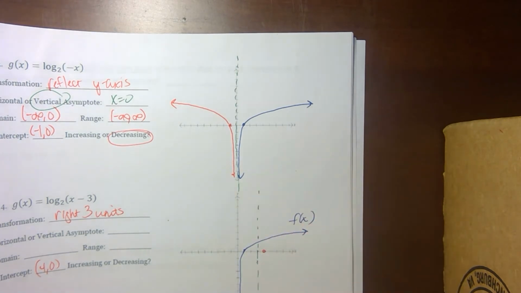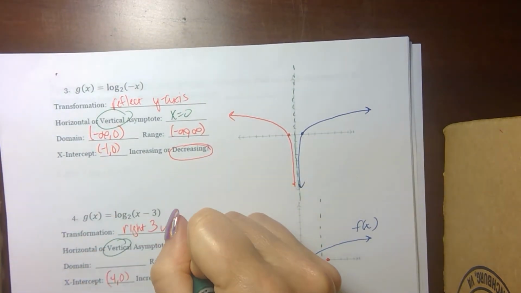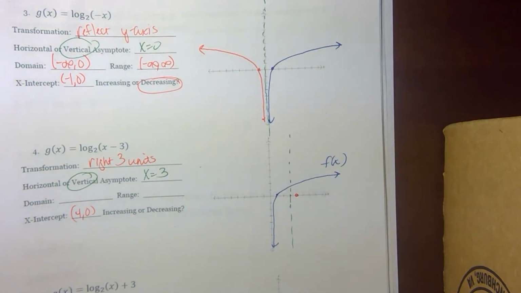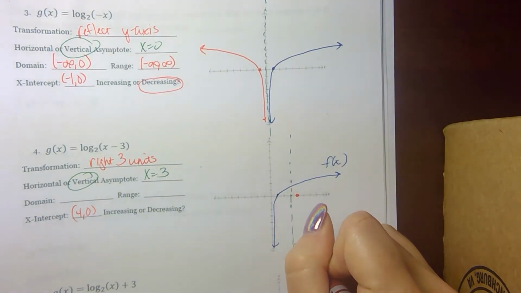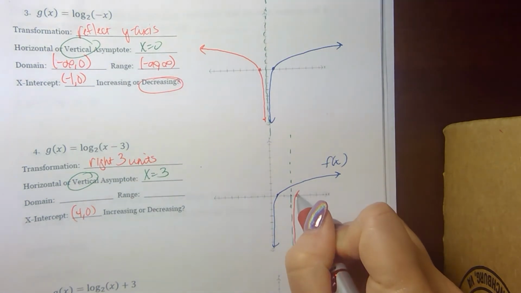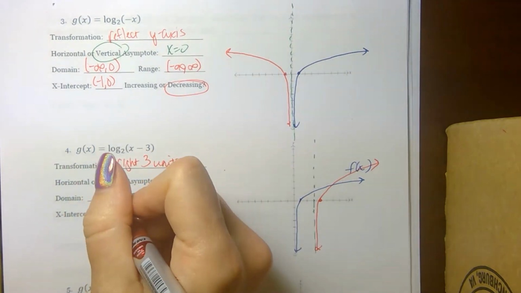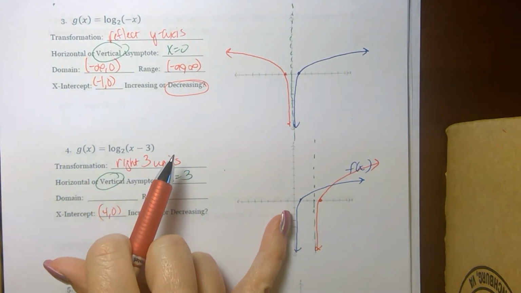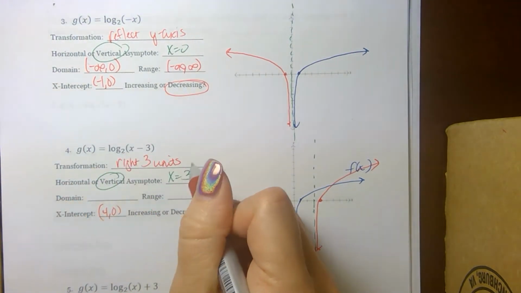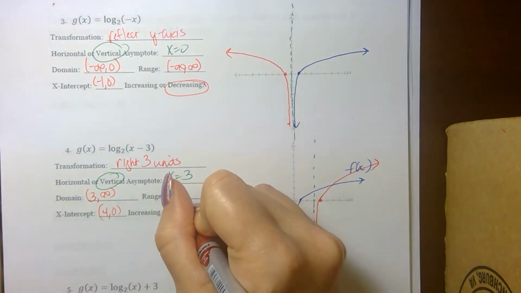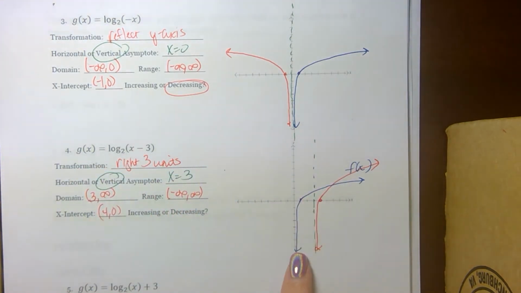So my vertical asymptote ends up at x equals 3. And now I can sketch my function. My function is limited by that asymptote, and then I've got that increase. So domain has changed. Now its limit is not 0, its limit is 3, the equation of that asymptote. Range is going to be all real numbers, and this function is increasing.